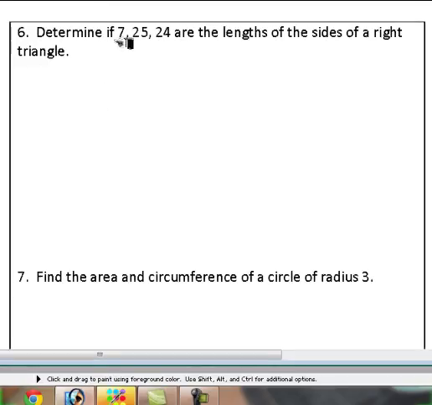In number 6, we want to determine if the lengths 7, 25, and 24 are the sides of a right triangle. So we're going to see if they satisfy the Pythagorean theorem. All right, that's a squared plus b squared equals c squared. Now, c has to be the largest side, so that would be 25.